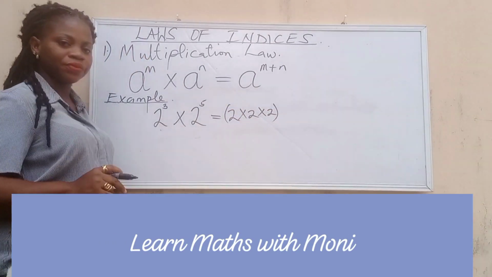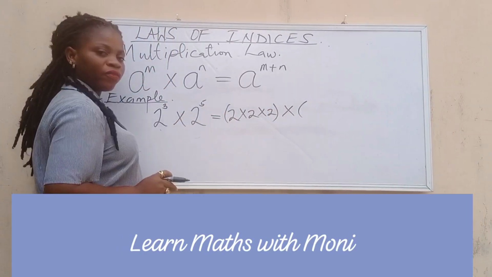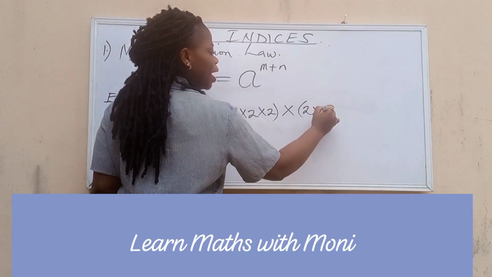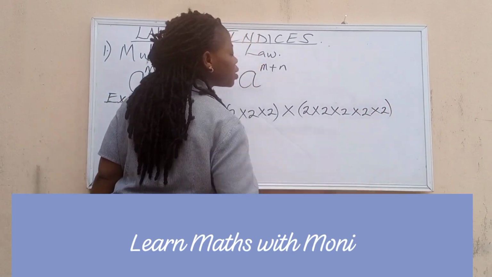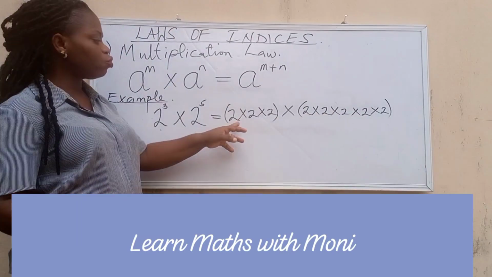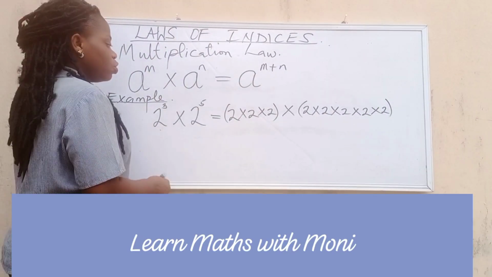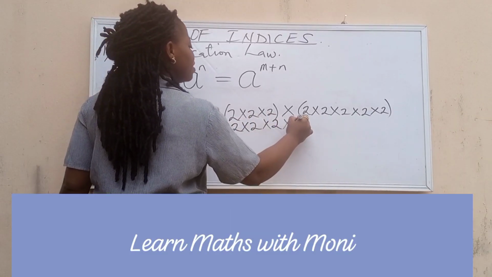That is 2 raised to power 3. Then this multiplication and 2 raised to power 5 means 2 multiplying itself in 5 places. By the time you open it all up, you will be seeing 2 multiplying itself in a total of 8 places.